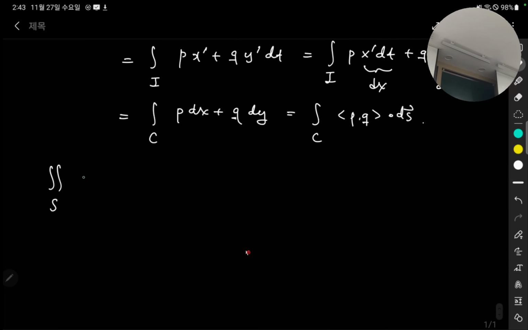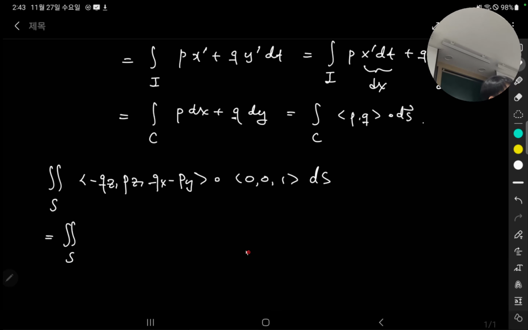It's minus qz, pz, qx minus py, and we assume that our orientation is upward, (0, 0, 1), times dS, and this is S. You can imagine the S is actually D, because it lies inside the xy plane, but anyway, it's qx minus py, and then the S, so it's just the same thing as the right-hand side of the Green theorem.